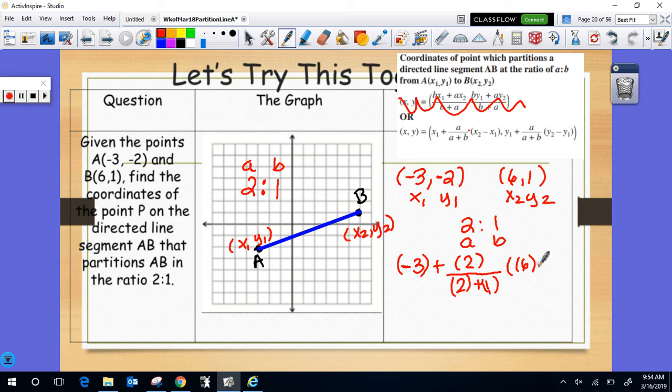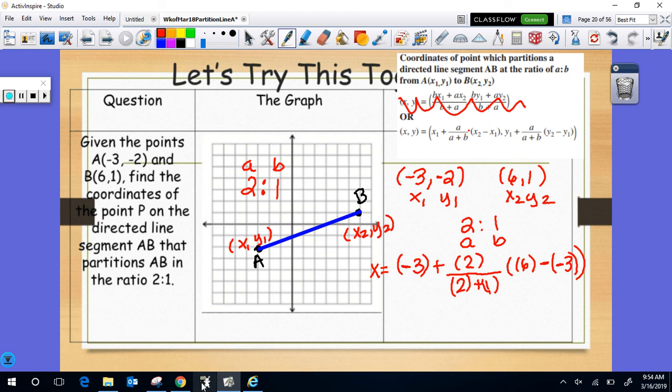So we're doing the x1. So 6 minus 3. So to get our x value for this coordinate, 6 minus -3. Okay, that's what we're going to use to get our x coordinate. And this is what we're going to use to get our y coordinate.